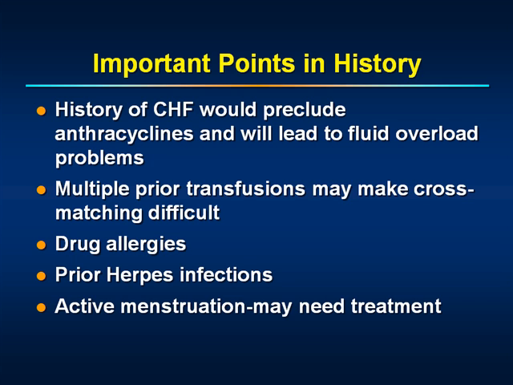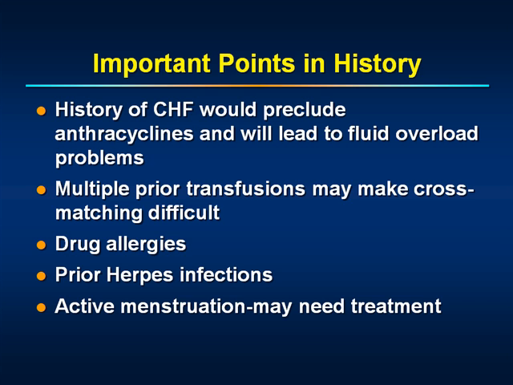Now, the important points in history that you want to talk to the patients about are those things which would be important in terms of treatment and problems with therapy. First, a history of CHF would preclude anthracyclines, which we usually use, and will also, of course, lead to fluid overload problems with all the blood and platelets and fluids and antibiotics that are being received.